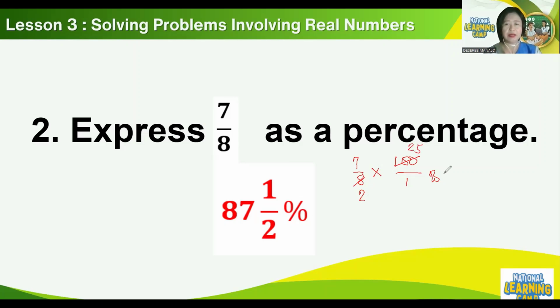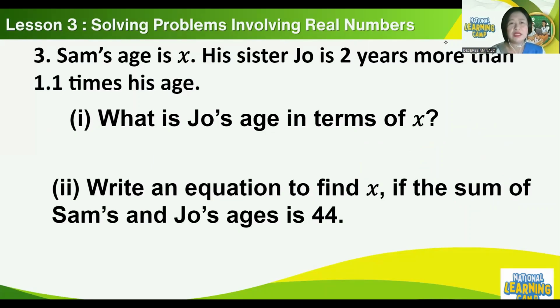Multiply 7 and 25, so equals 175/2%. And then divide 175 by 2. So the answer is 87 and 1/2%.